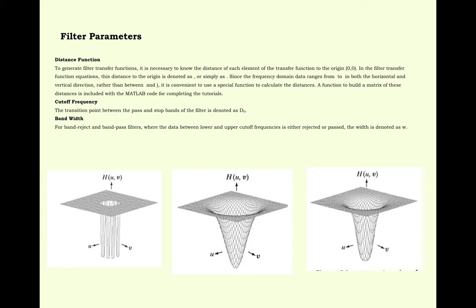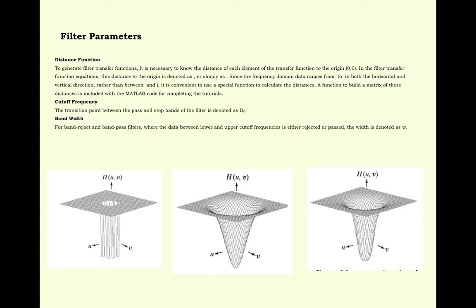Distance function. To generate the filter transfer function, it is necessary to know the distance of each element of the transfer function to the origin (0, 0). In the filter transfer function equation, this distance to the origin is denoted as D(u,v). Since the frequency domain data ranges from -infinity to +infinity in both horizontal and vertical directions rather than between two specific distances, it is convenient to use a special function to calculate the distance.